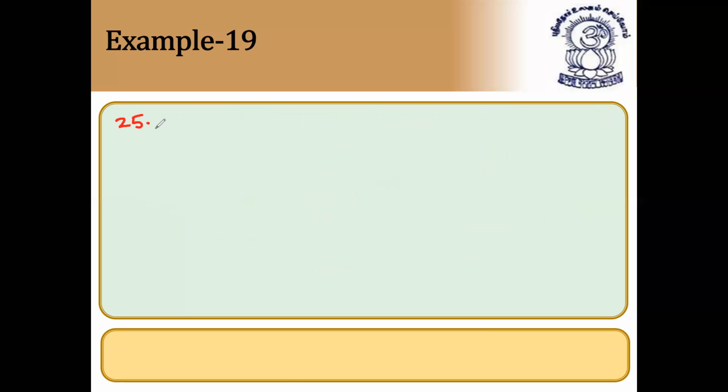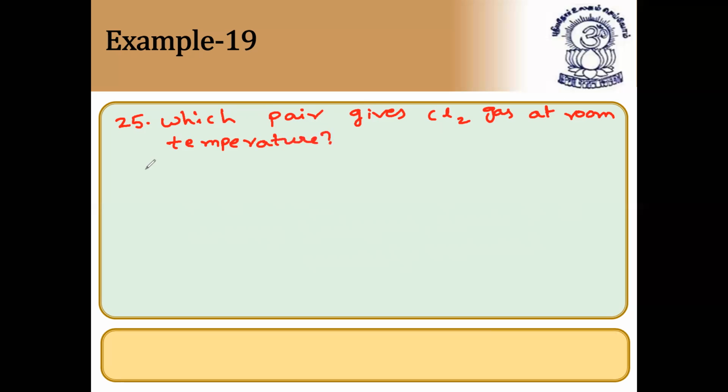Which pair among the following gives chlorine gas at room temperature? Option A, concentrated HCl plus KMnO4.